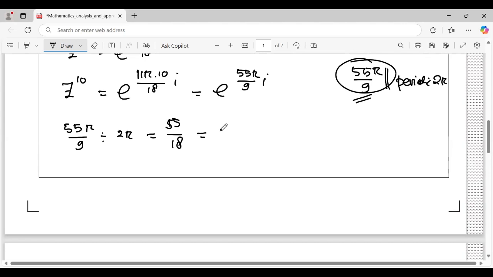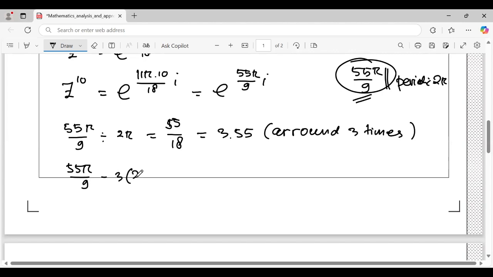If you calculate, the result is 3.05, so around 3 times we subtract 2 pi. So I write 55 pi over 9 minus 3 times 2 pi, which is 55 pi over 9 minus 6 pi.